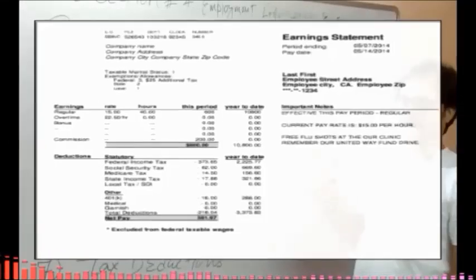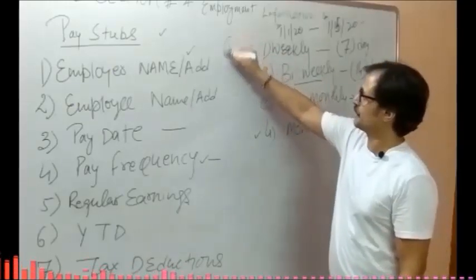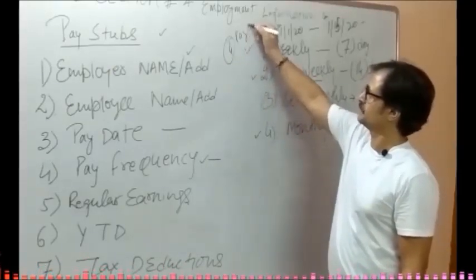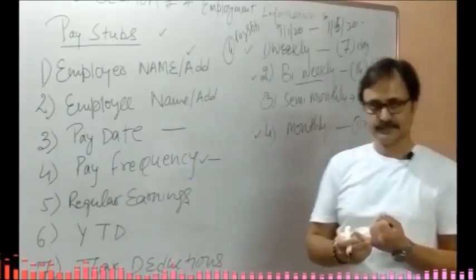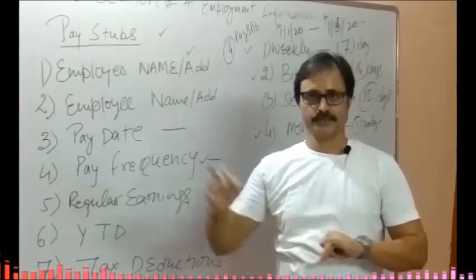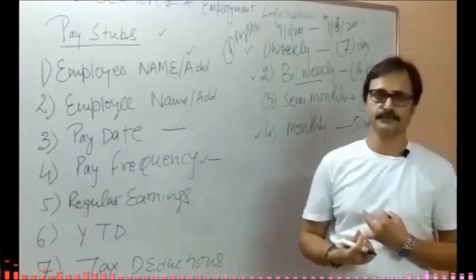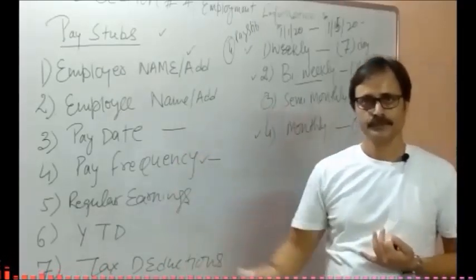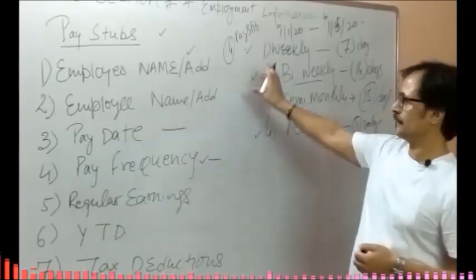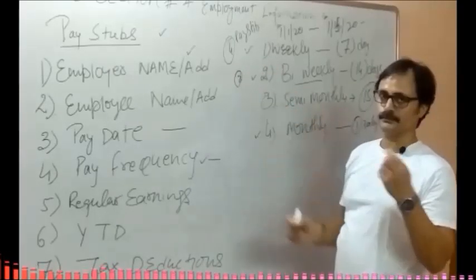In weekly cases he is going to provide us 4 pay slips, because one pay slip covers 7 days, so to cover 30 days he needs to provide 4 or 5 pay slips. 4 are also acceptable because the 5th will go to the next month. In the second case he needs to provide a minimum of 2 pay stubs.